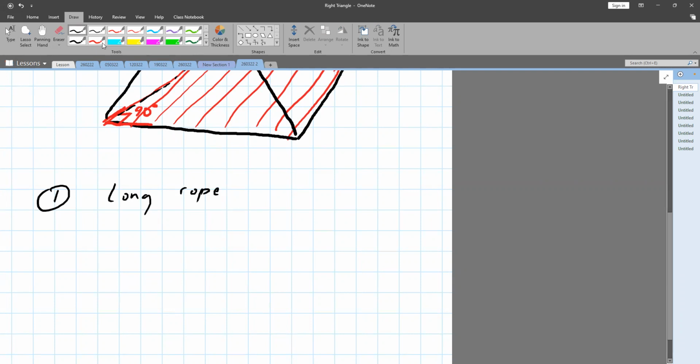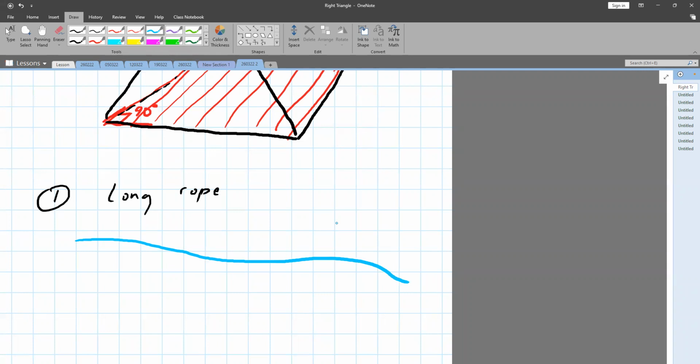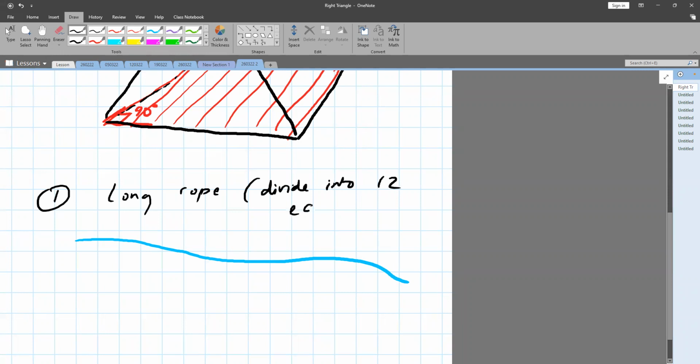So this is the way they get this 90 degrees, because remember at that time they did not have a protractor. So they got the long rope. For example, this is the rope. And now they divide the rope into 12 equal lengths.